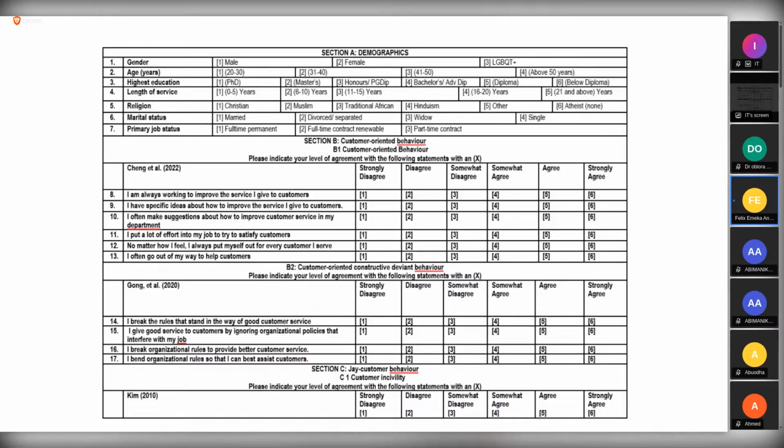You design it in such a way that an increasing number means something, while a reducing number means something. It's unlike other kinds of questions that are yes or no. So the Likert scale, in the scale of measurement, is ordinal, because there is an increasing order or a decreasing order.